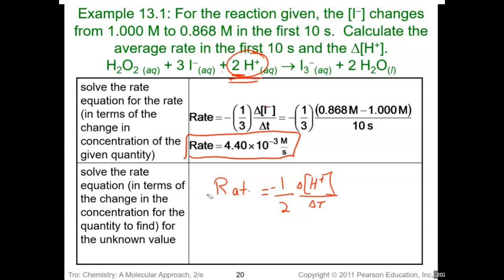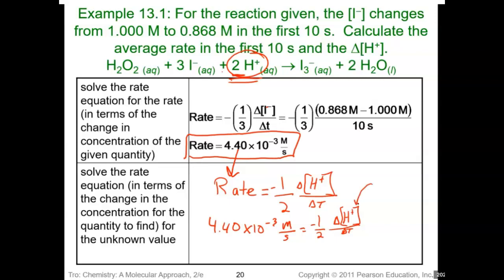Right? Well, we don't have H+, but remember the rate is the same. So the rate of this is 4.40 times 10 to the -3. And again, it's molarity over seconds, concentration over time, equals -1/2 change in H+ over change in time.